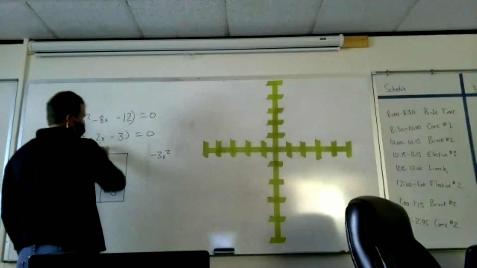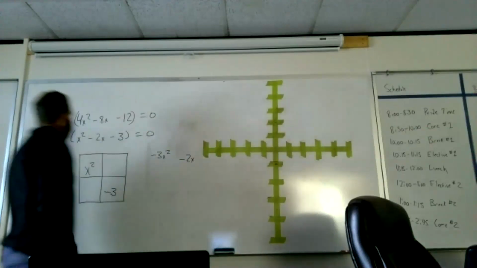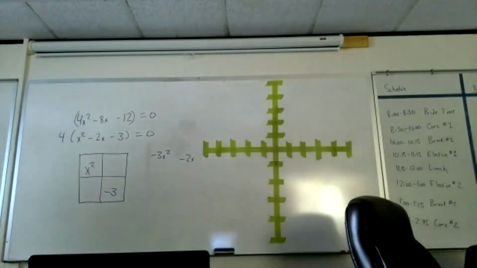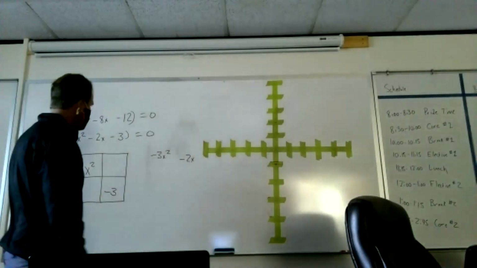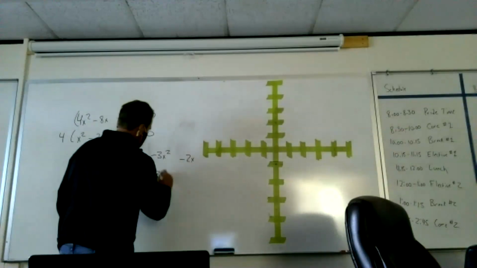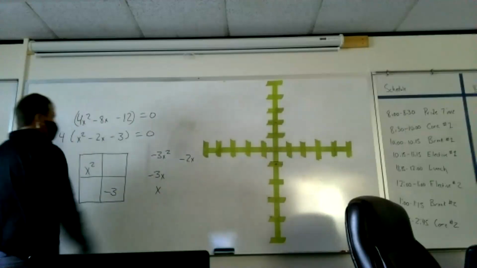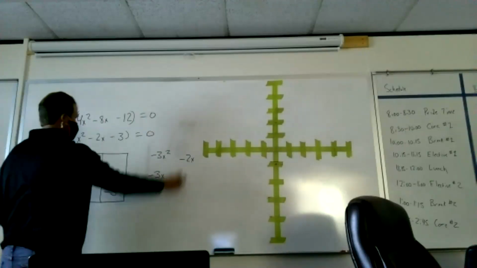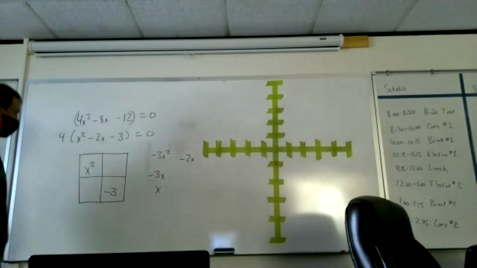And I need to find two numbers that are going to multiply to equal a negative 3x squared that are going to add to be a negative 2x. So in that case, they're going to be negative 3x and an x. Okay, negative 3x plus x is negative 2x. Multiply those, I do end up with the negative 3x squared.